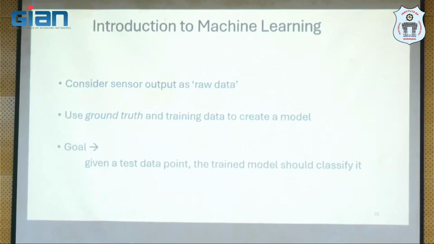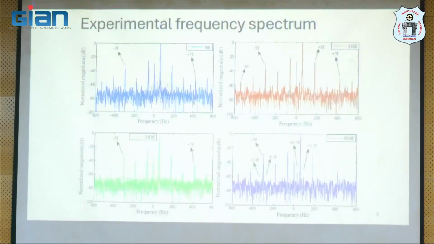As human beings, when we look at this frequency spectrum, it is hard for us to discern. So we are trying to take help from a different entity, in this case a machine learning model, which could see some other pattern that we are not able to visualize, and detect and diagnose.